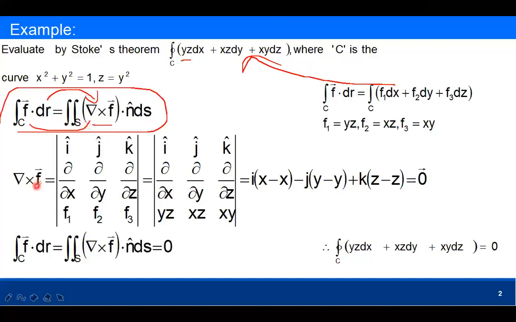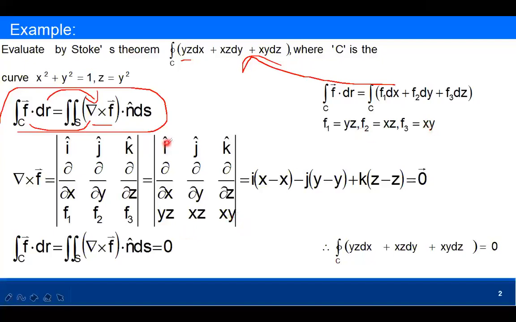So del cross f equals the 3 by 3 determinant of i, j, k, dou by dou x, dou by dou y, dou by dou z, f1, f2, f3. Now put the f1, f2, f3 values: f1 is yz, f2 is xz, f3 is xy. Now simplify this.